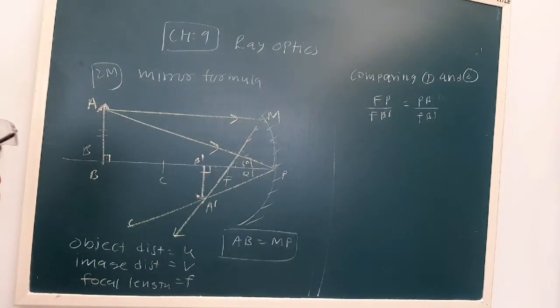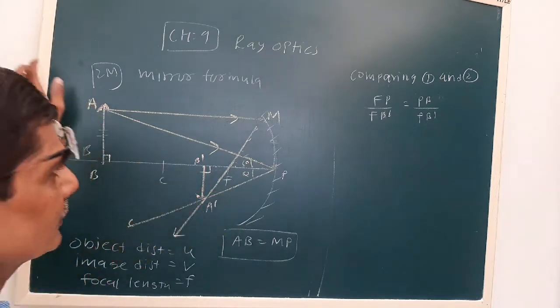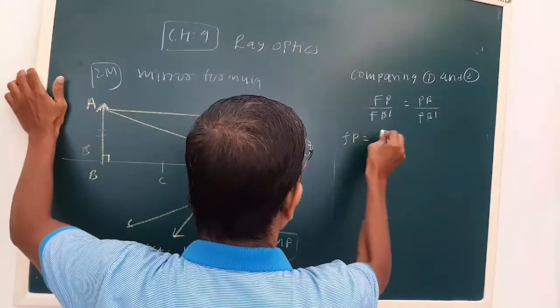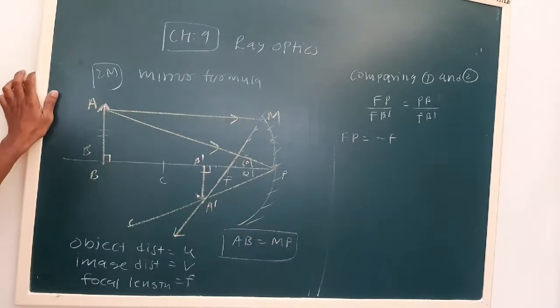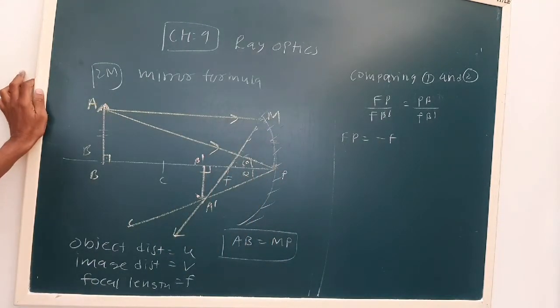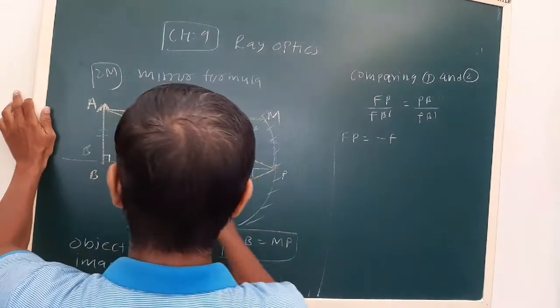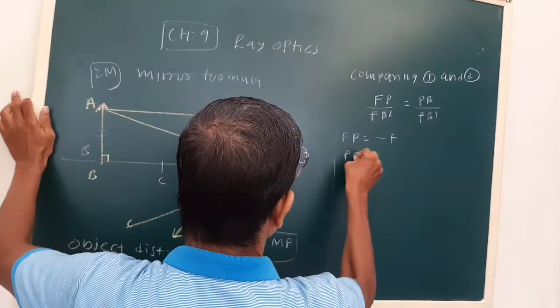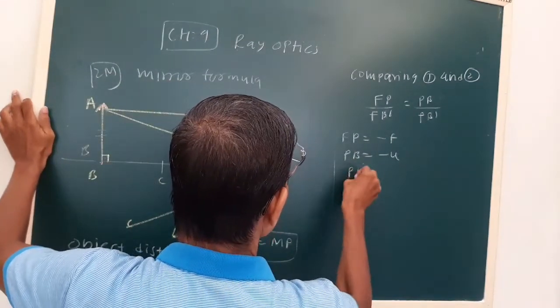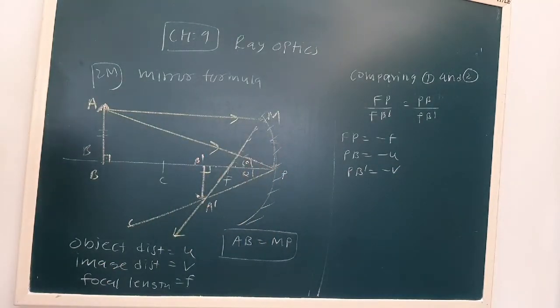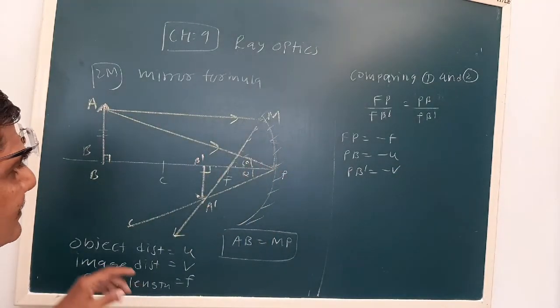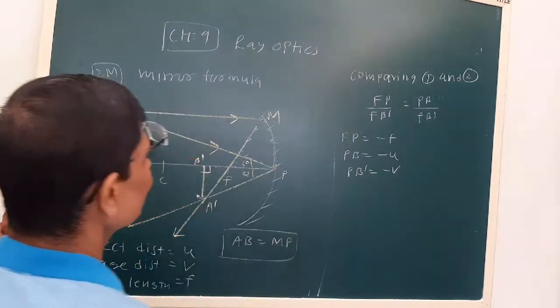Now see our conventions. FP is a focal length, minus F by convention. PB is an object distance, PB' is image distance. We need to obtain FB'. This is a straight line, they are collinear points.